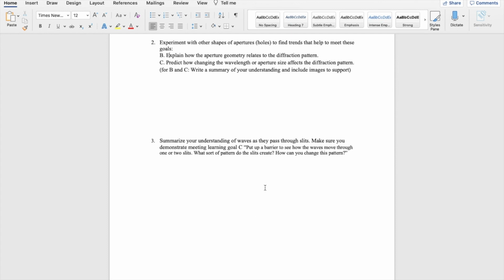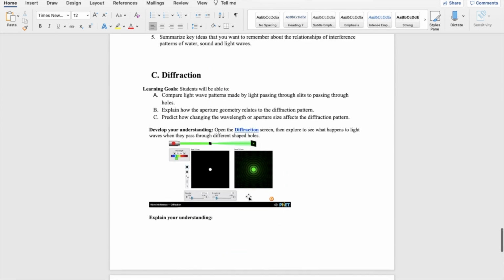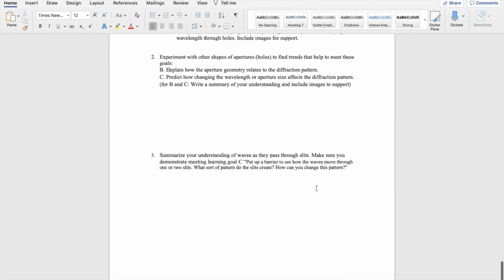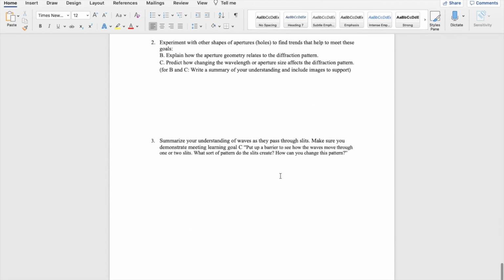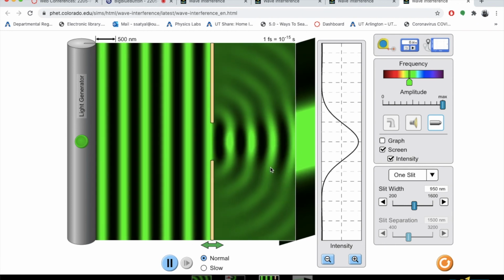Here it says to demonstrate if you meet the learning goal, and those learning goals are within this section here: predict how changing the wavelength or aperture size affects the diffraction pattern. So how do you learn this? Explain it here with the support of this diagram.